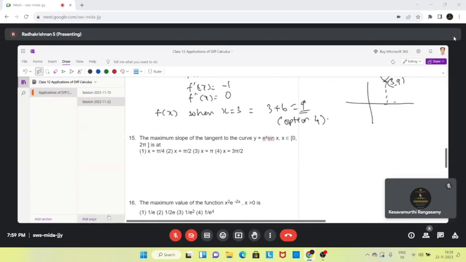Okay. The maximum slope of the tangent to the curve y equal to e power x into sin x.